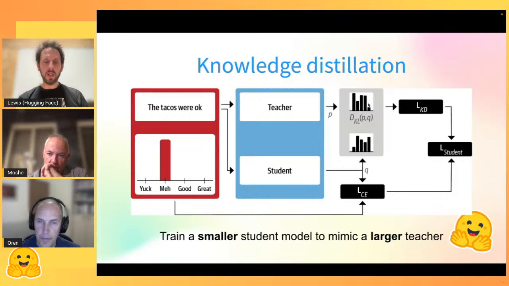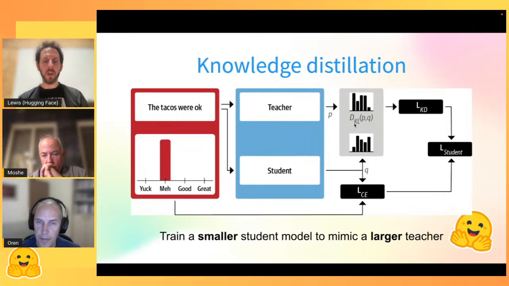What you can see in this diagram is that the teacher and the student will typically have different distributions, especially at the start when the student is just randomly initialized. But we can compute something called the KL divergence, which is a measure of how different these two distributions are. By treating this as a loss, we can optimize during training to guide the student to mimic much closer the distribution of the teacher.